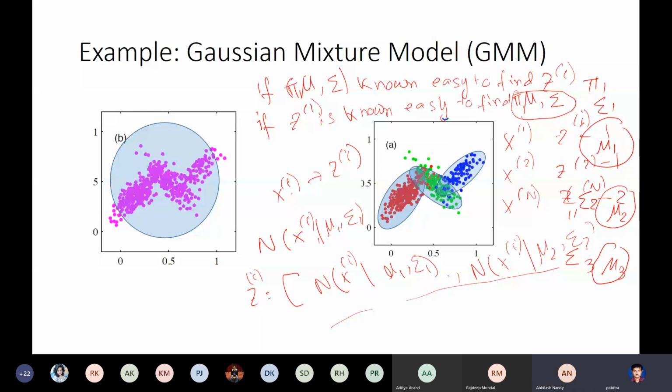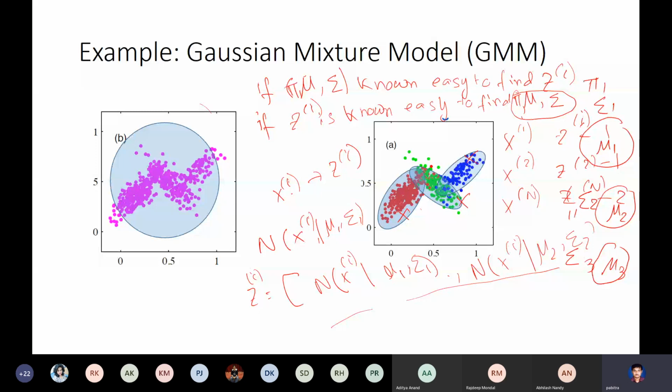If X falls here, Z has one value. If X falls here, Z has another value. Got it. I missed that, but it still holds that if you know pi, mu, and sigma, you can easily find Z.